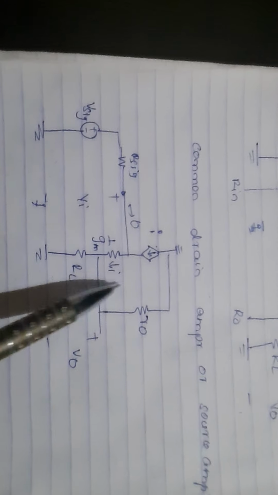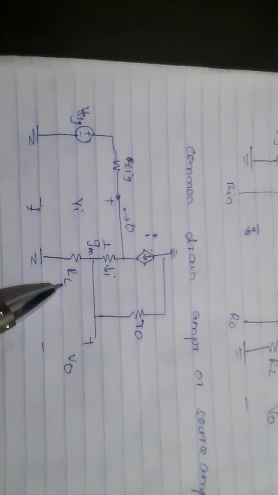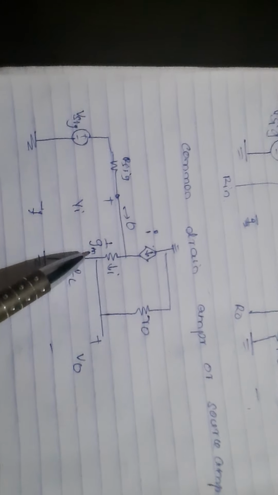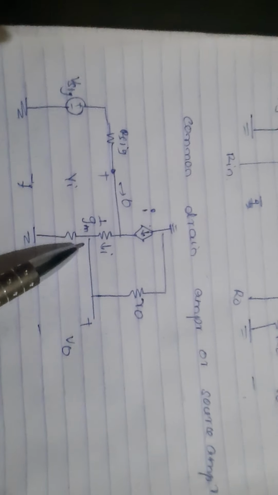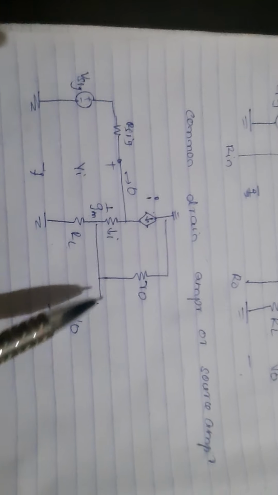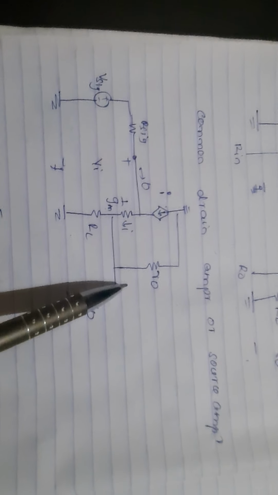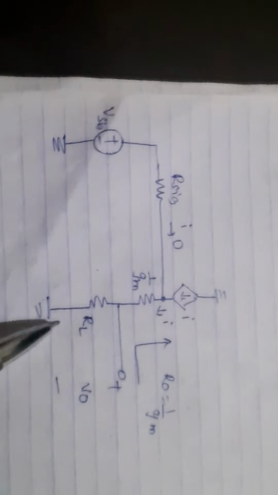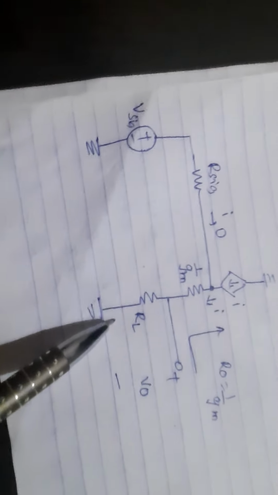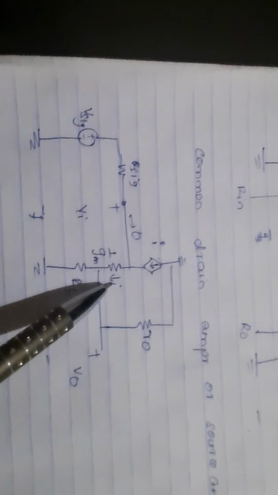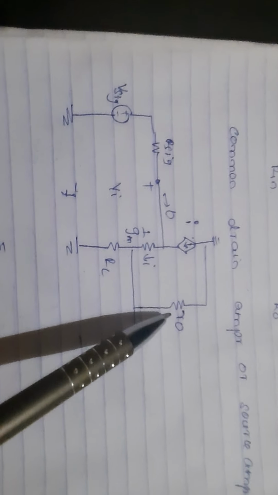This is the T model where we have RL, the current, and 1 upon gm. Here R0 is very much larger than RL, so the same circuit is redrawn like this.